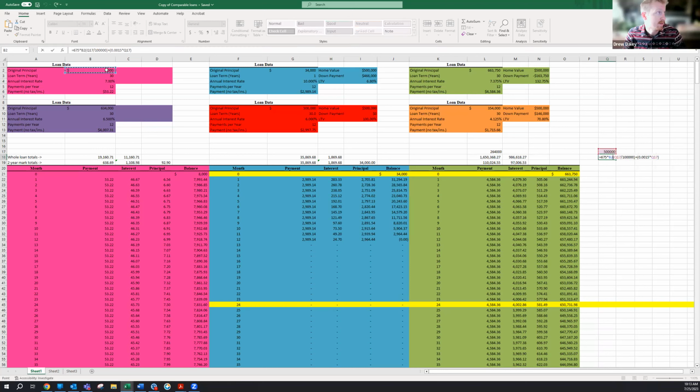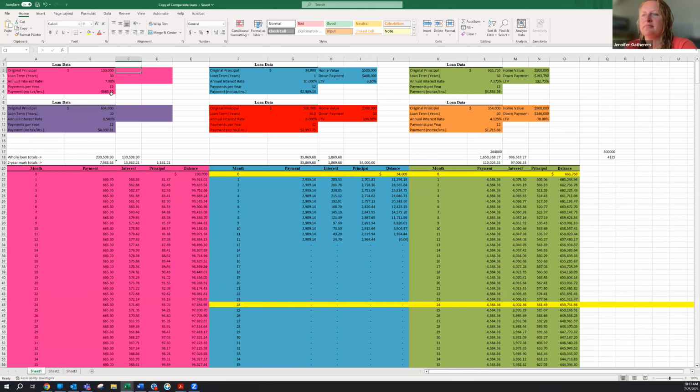As you can see, it's not going to be exact. $100,000 at 7% is $665, and 7.25% is going to be a little bit above $675, but it's good rough numbers. You can even just assume $700 if you want to play it safe for easy numbers.